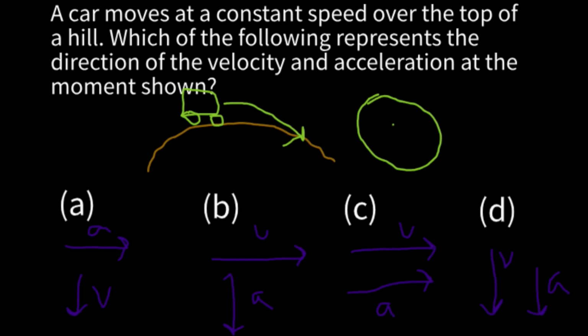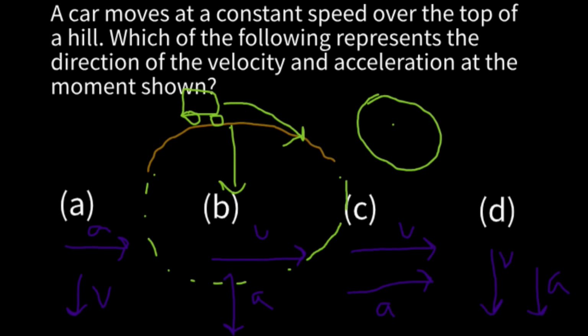We want to know the direction of velocity and acceleration. Based on my little drawing here, we can see clearly that it's going to be moving in this direction. The easiest to figure out would be the acceleration, because we can just think of this hill as a section of a larger circle, like that. If this is going to be the center, we know that our centripetal acceleration starts at the edge and points towards the center.